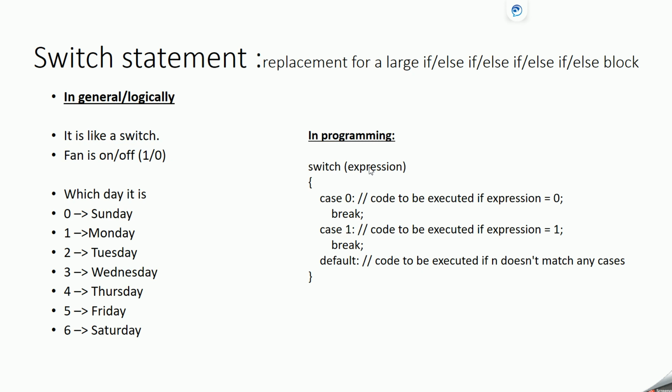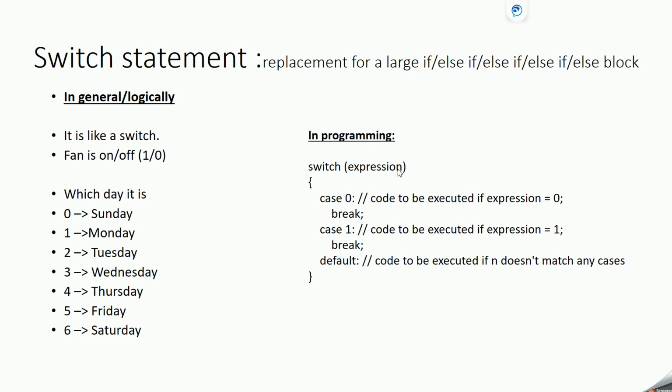For case 0, suppose we are solving this problem, we'll write some code that switches off the fan, and case 1 means switch on. What happens is, when we get the value of this expression, if it is 0, then it will match this case and the code written here will get executed.